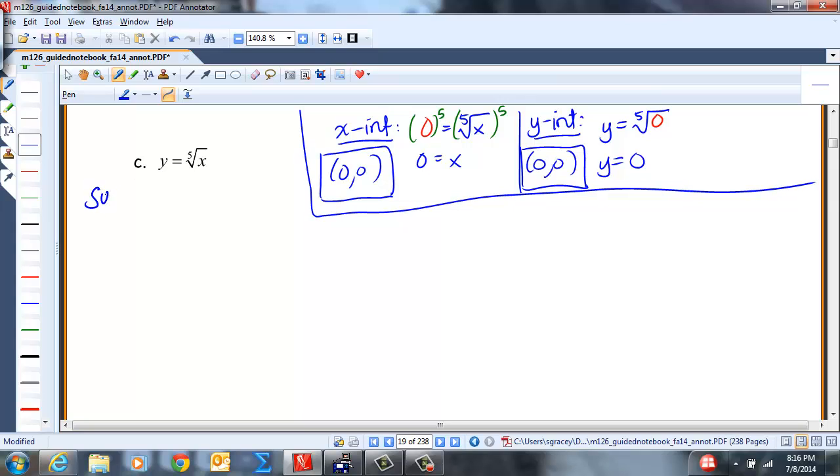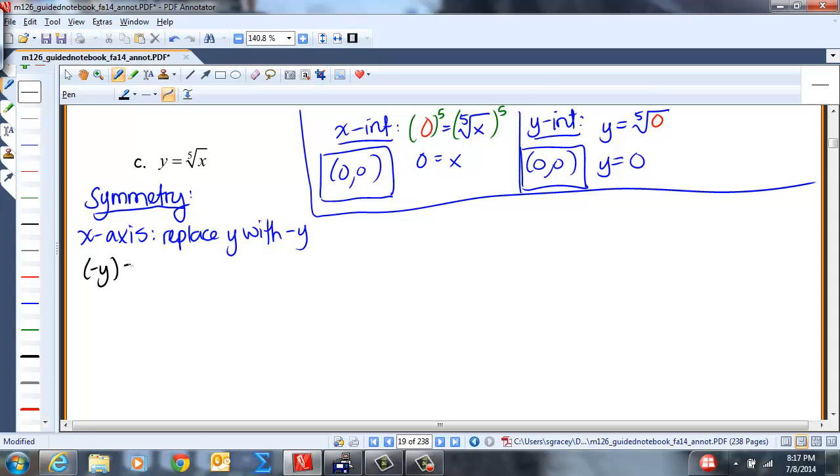Symmetry. Okay, x-axis, remember, we replace y with -y. See if we get the same thing. So -y equals the 5th root of x. We get this result, which is not the same.